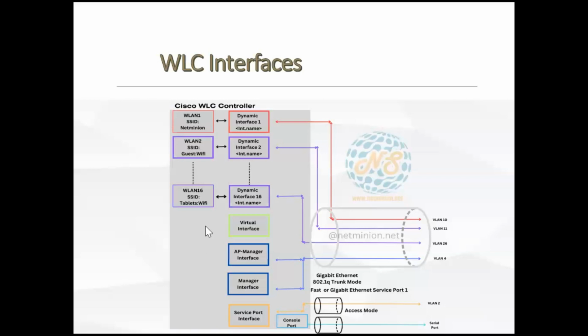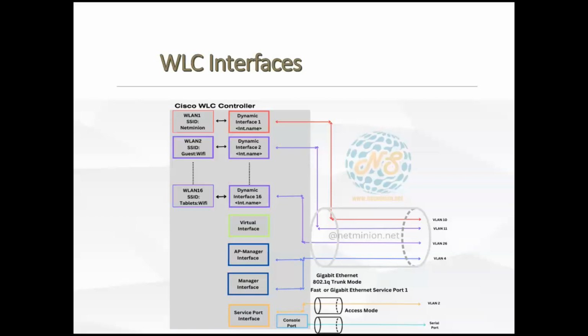So this picture is clear to you, right? If you have any doubt, you can ask. Can you see there is a virtual interface? Do you know what this virtual interface is? The virtual interface is used to manage and support your wireless clients by providing the DHCP relay functionality, especially in your guest web authentication.